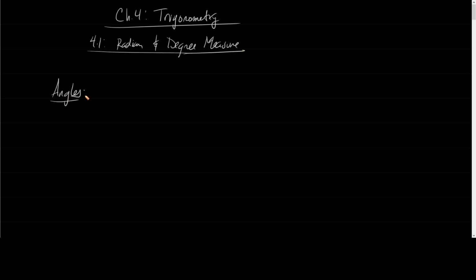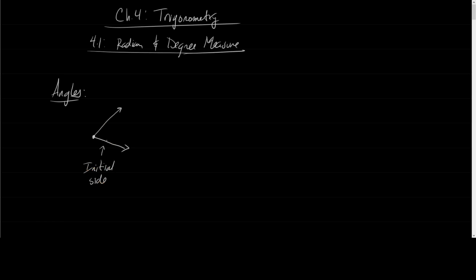An angle is, well, we're going to take a ray, and then we're going to take a second ray and join them together at their beginning points. This first ray is called the initial side.